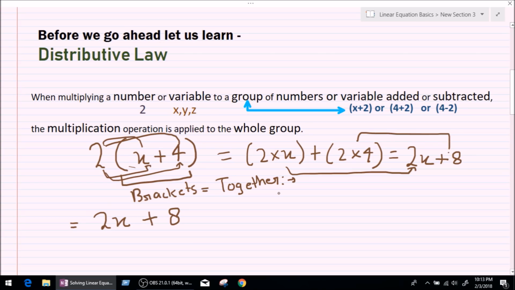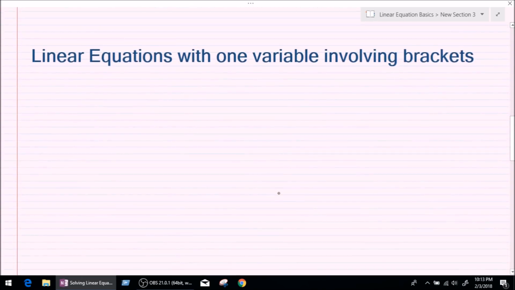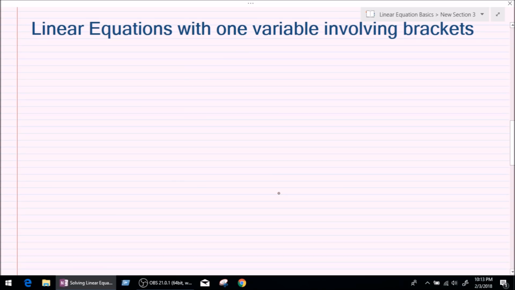Now let's do a question. Let's do a linear equation with one variable involving brackets. So let's take 5 bracket x plus 5 equals 200.